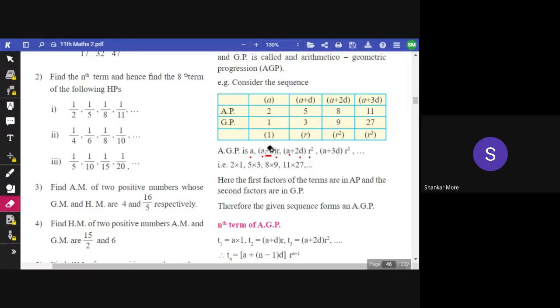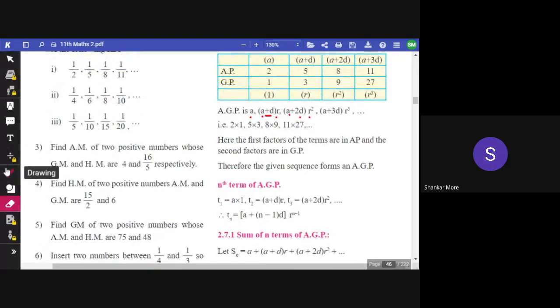Here the first factors of the terms are in AP and the second factors are in GP. Therefore, the given sequence forms an AGP. Nth term of AGP: T1 is equal to A multiplied by 1, T2 is equal to A plus D multiplied by R, T3 is equal to A plus 2D multiplied by R square. So Tn is equal to A plus (n minus 1)D multiplied by R raised to n minus 1.